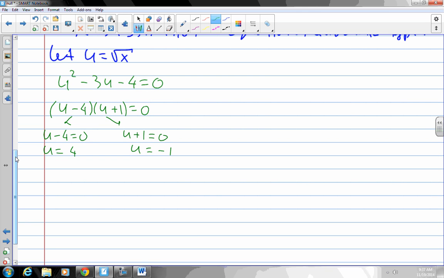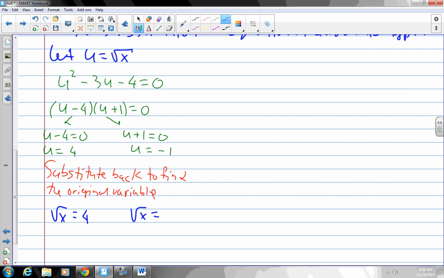Now we're going to substitute back to find the original variable. So that is square root of x equals 4 and square root of x equals negative 1.